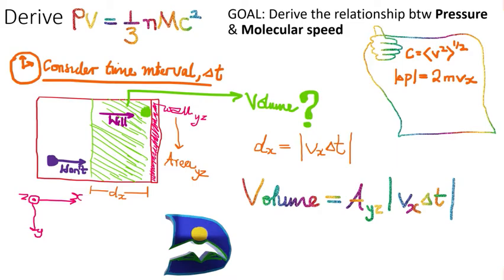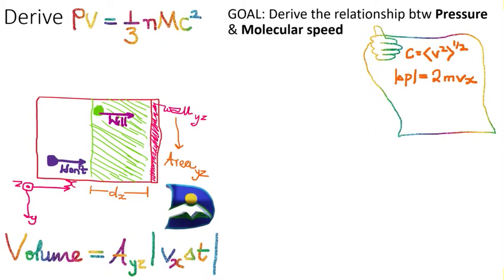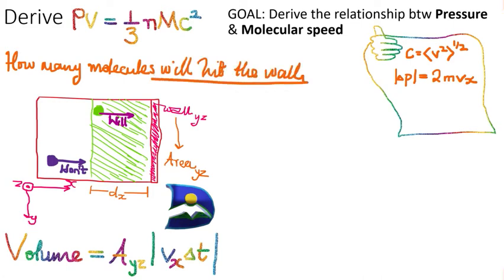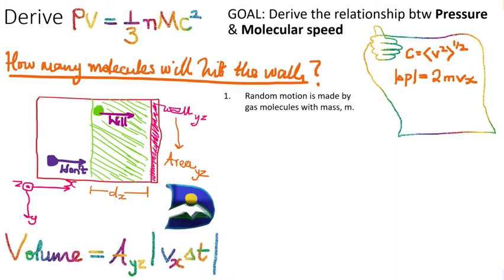Once we have our volume relationship between time, velocity, and the area that the particle is hitting, we need to consider how many of these molecules will hit the wall, which goes back to the first assumption, that random motion is made by gas molecules with mass m.